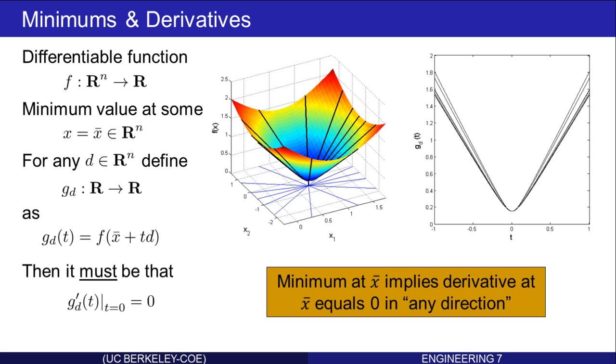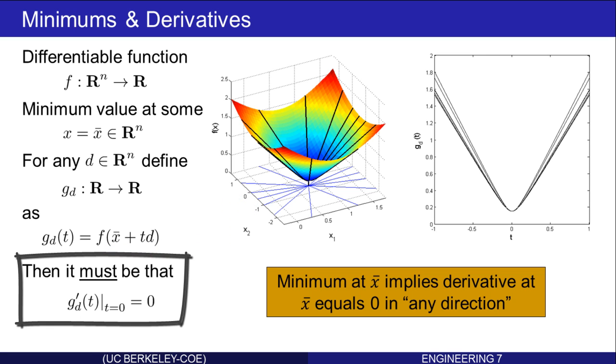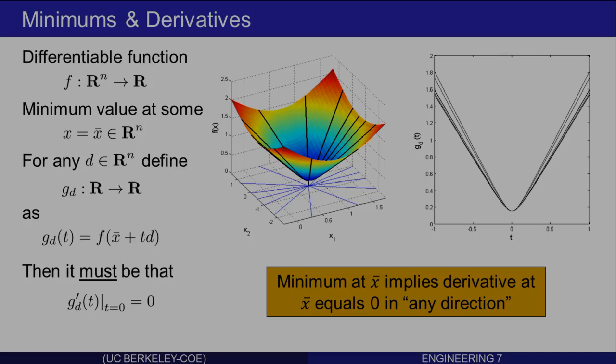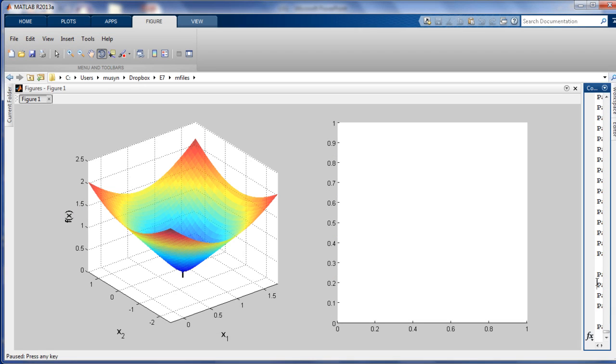If x bar is a minimum, then for any line in the x1, x2 space passing through x bar, the slope of the one-dimensional function defined along that line will be 0 at t equals 0. t equals 0 corresponds to being right at x bar along one of these one-dimensional lines.